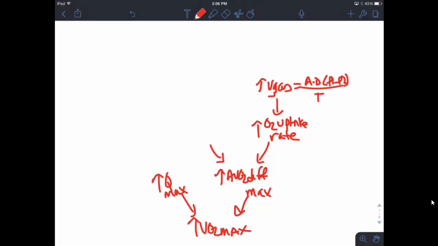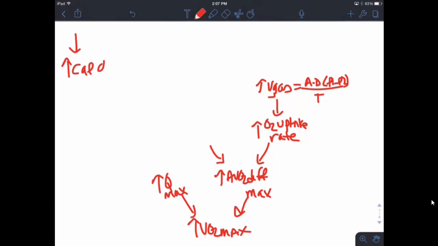V gas is A, D, P1, P2 over thickness. Coming off the top of your map is an increase in capillary density, that means the number of capillaries, and recruitment.